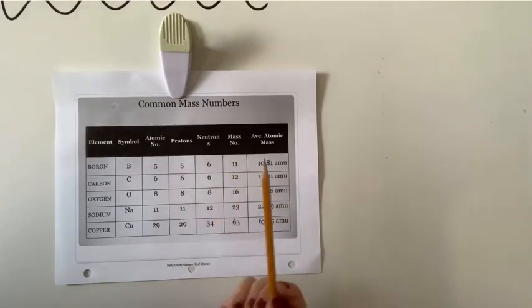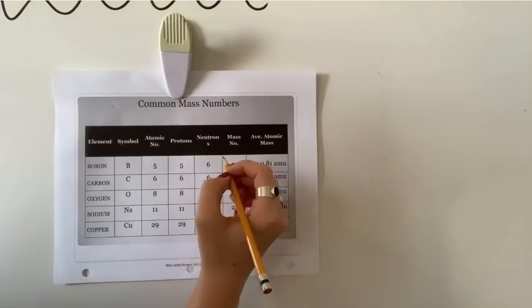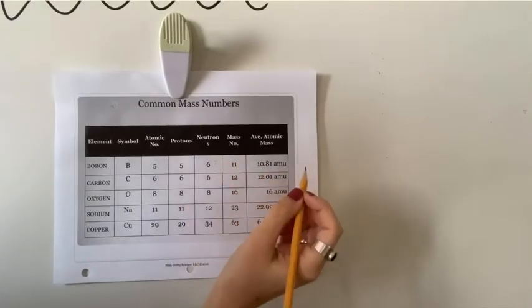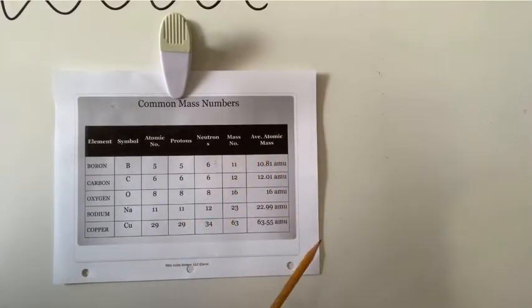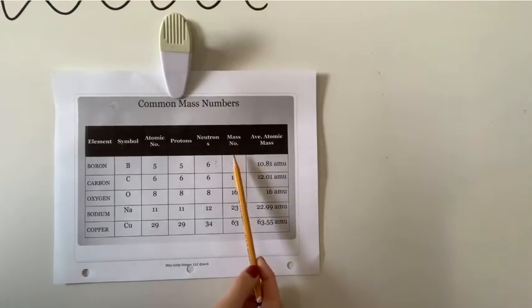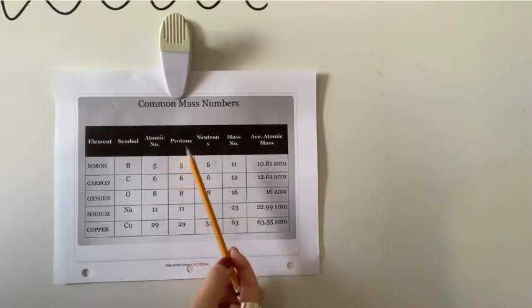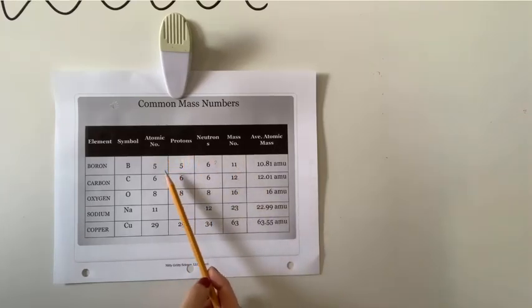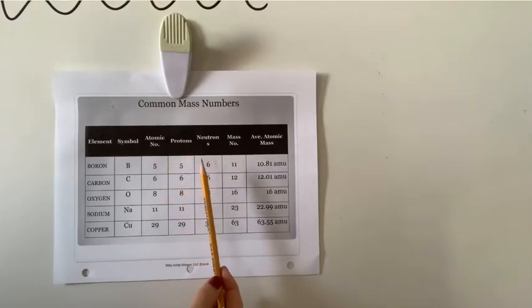If we did not know the amount of neutrons that boron had, remember we could use that formula that we talked about, where we take the mass number and subtract the atomic number. If we were to take 11 and subtract 5, we would get 6 neutrons.